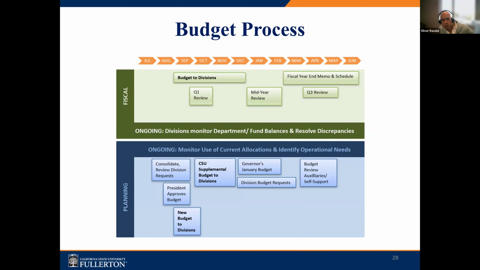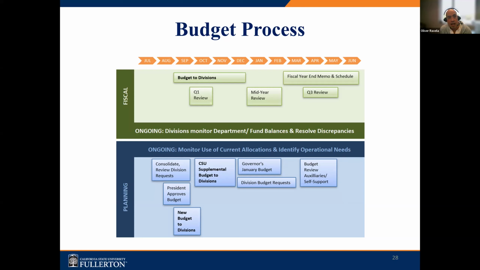This is another display to help break up the larger budget processes that are described. You can think of budget processes on campus as being related to the current fiscal year and managing the current enacted financial plan. This would be the green section, the fiscal process.